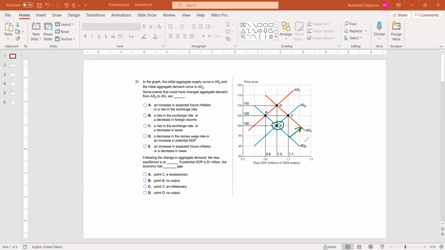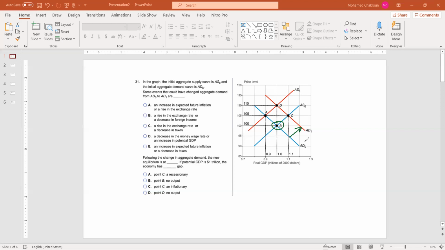When expected future inflation increases, will aggregate demand also increase? What happens when somebody expects that prices will increase in the future? What will happen to this individual? Ask yourself this question.